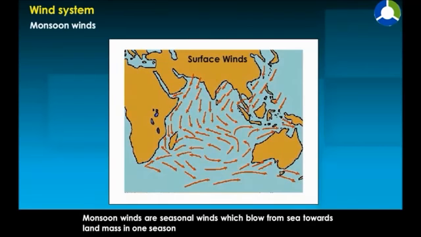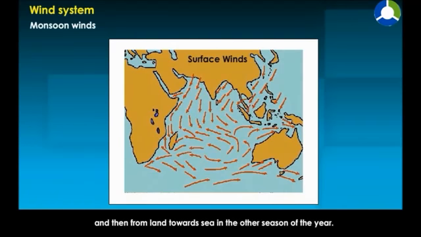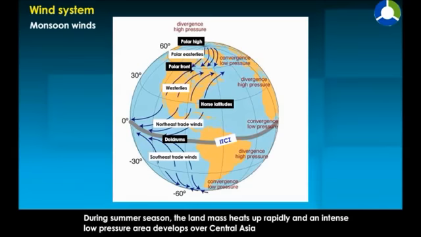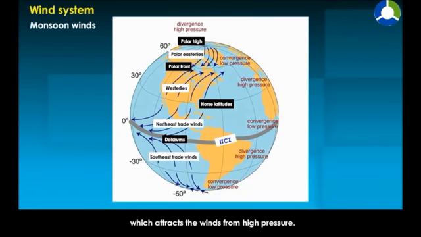Monsoon winds. Monsoon winds are seasonal winds which blow from sea towards land mass in one season and then from land towards sea in the other season of the year. During summer season, the landmass heats up rapidly and an intense low-pressure area develops over Central Asia, which attracts the winds from high pressure.